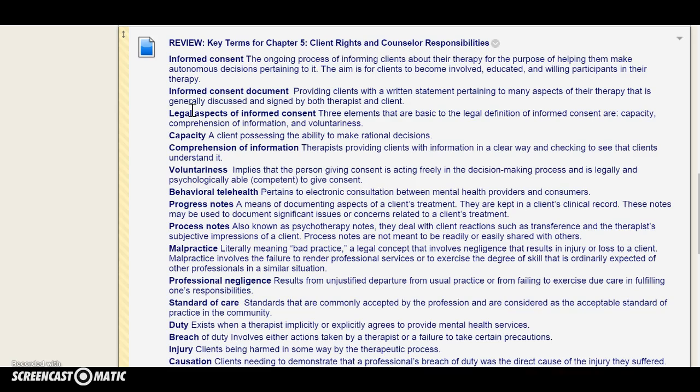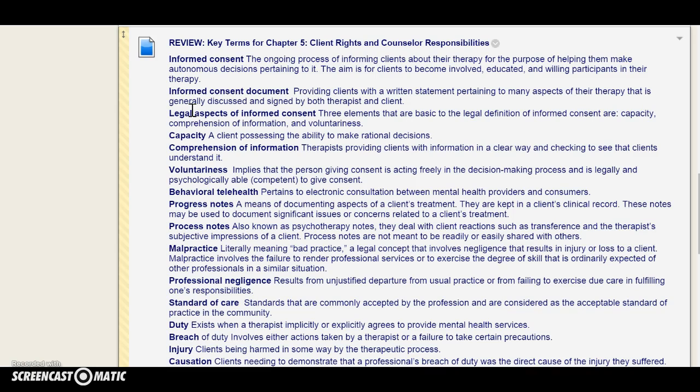It's a legal document, and God forbid someone takes you to court as the helper for causing harm to them through this treatment. This document helps show the court that you did inform the client of the potential risks involved and the duration of the treatment, and that they are free to choose alternative treatment if they would like to do that.